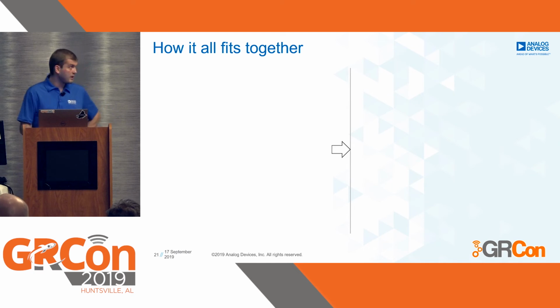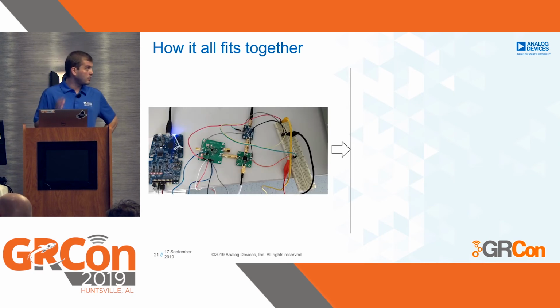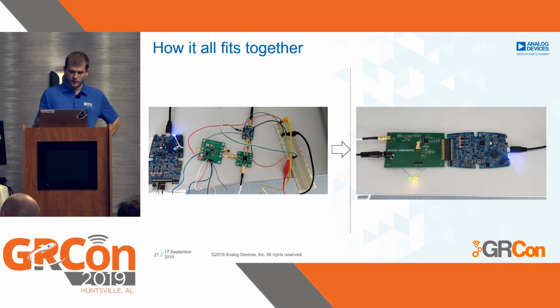So how it all fits together: when we initially experimented, we created this board, which has all of the components together. But eventually, we created a more integrated version, which is more robust and easier to use, in order to get FM reception.